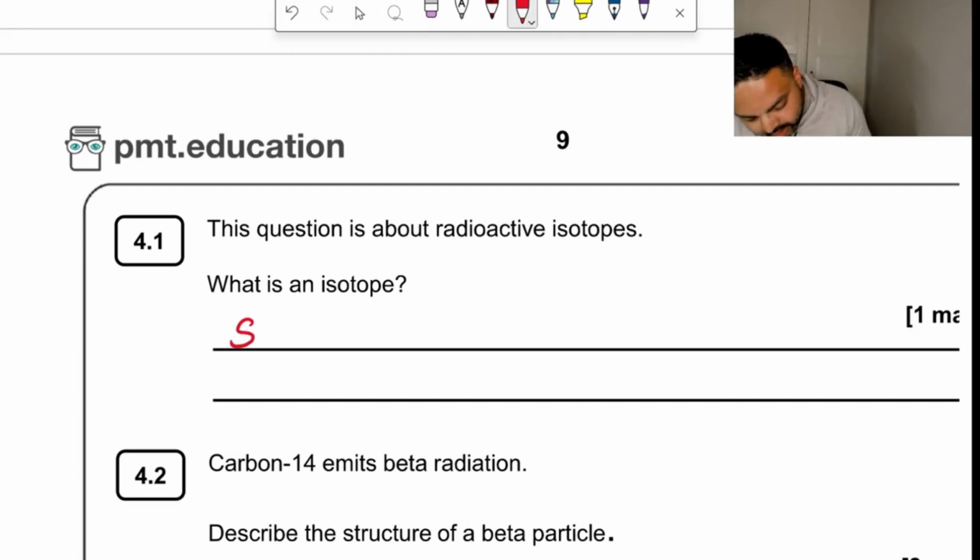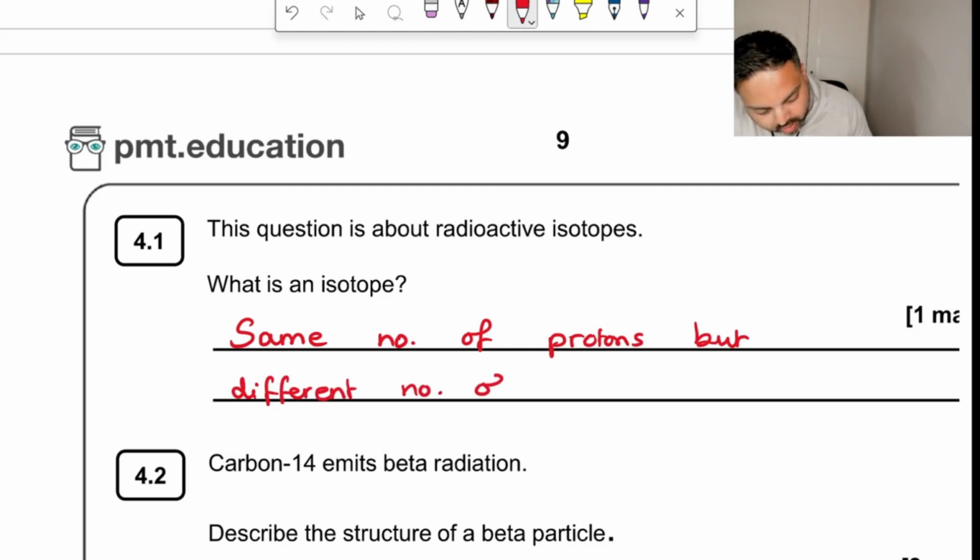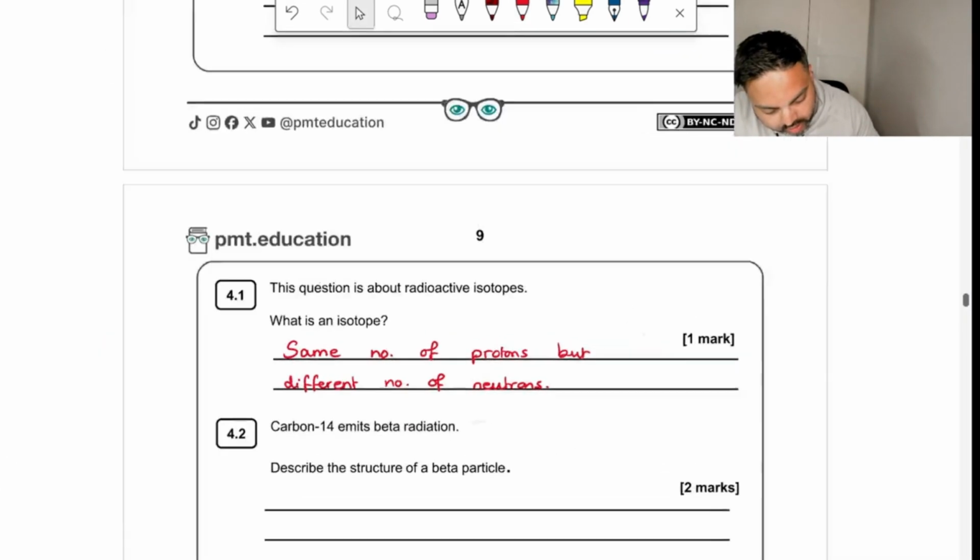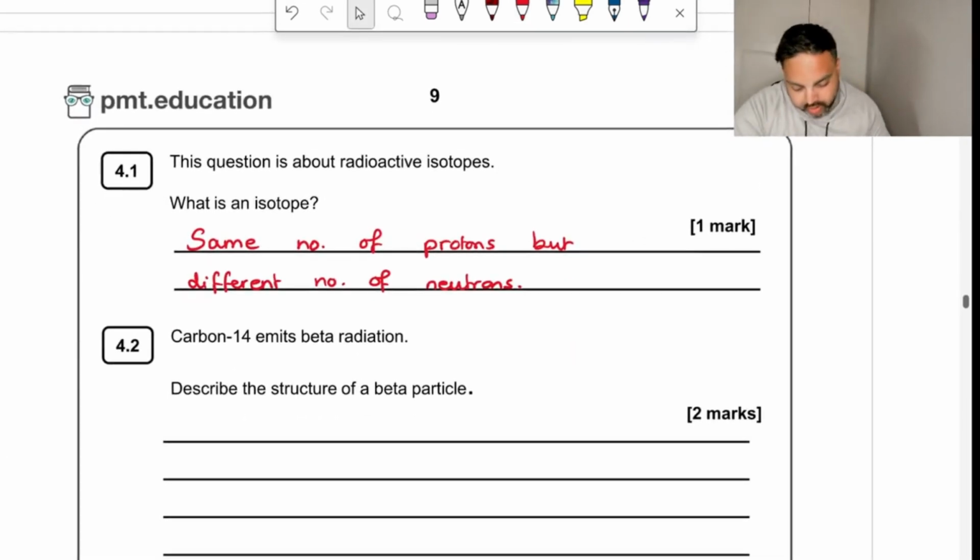It's the same number of protons, but different number of neutrons. So it's the exact same definition as in chemistry. It's the same number of protons, but it's different numbers of neutrons.